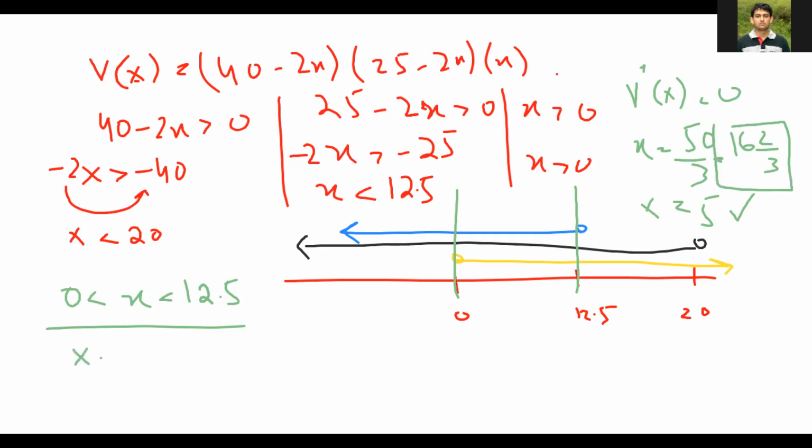So x is equal to 5 is the value that yields the maximum volume for the given equation. So let's see whether this is true or not. I'll be performing a sign diagram test over here, because we know that the sign diagram is the determinant that tells us about the scenario.